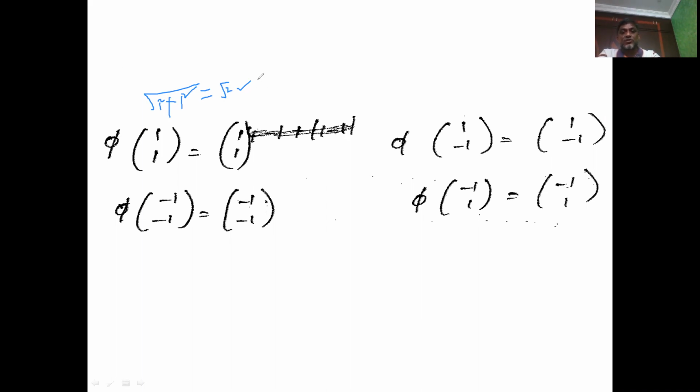If it is less than 2, because this is definitely less than 2, we are going to use the same input point. That means phi of 1 comma 1 is the same as 1 comma 1. There is no change in x1 comma x2. If you find the square root for every input pattern, it's going to be the square root of 2 only for every input pattern. This is also the square root of 1 square plus minus 1 whole square. Minus 1 whole square is also 1, so this is also going to be the square root of 2.